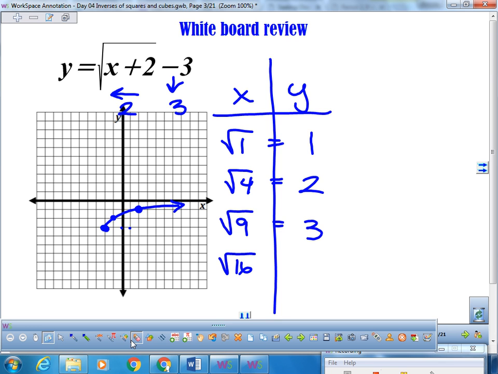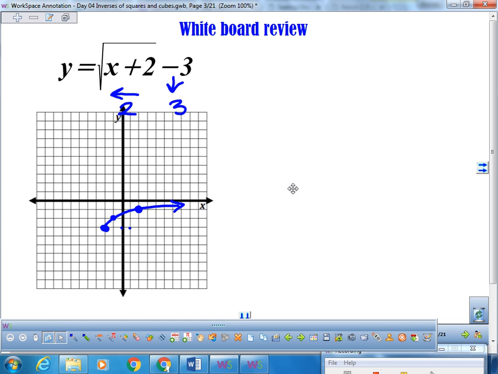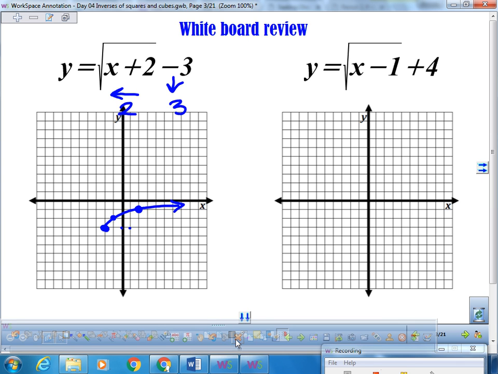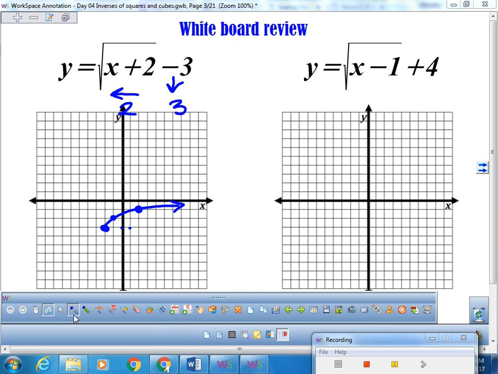All right. So I'm going to erase this. We're going to do another one. Okay, show me that one. I'm going to pause it. Okay, these are looking much better.